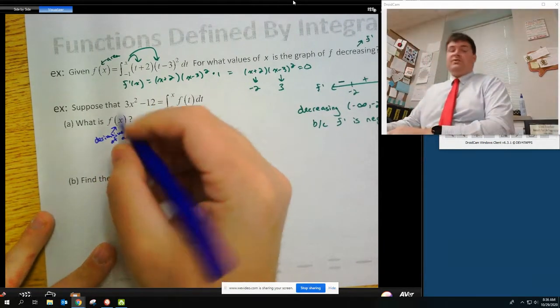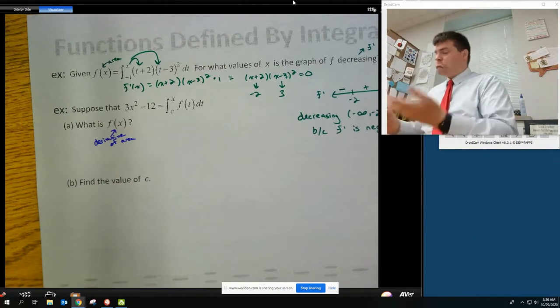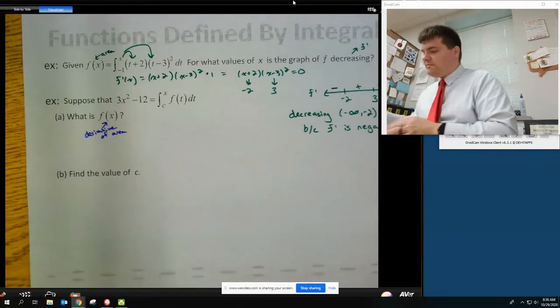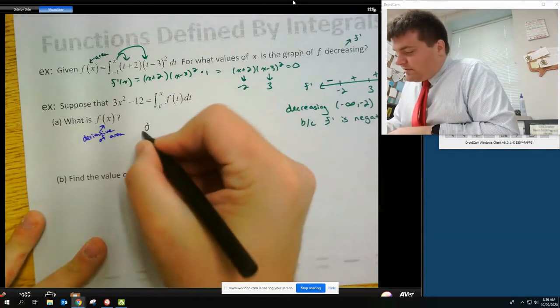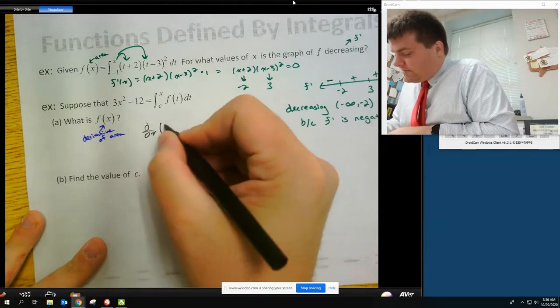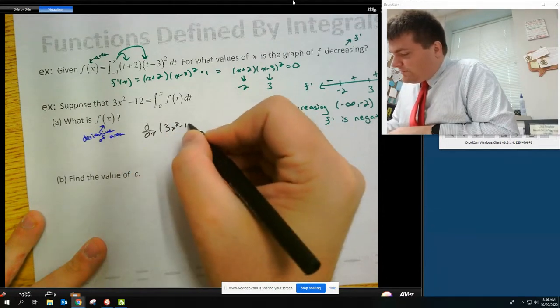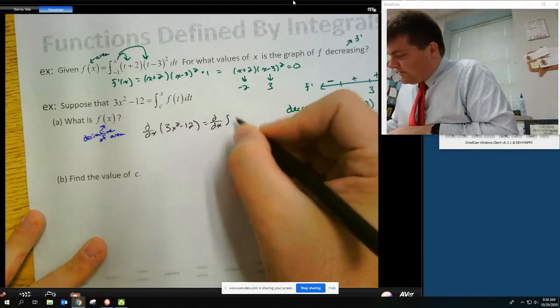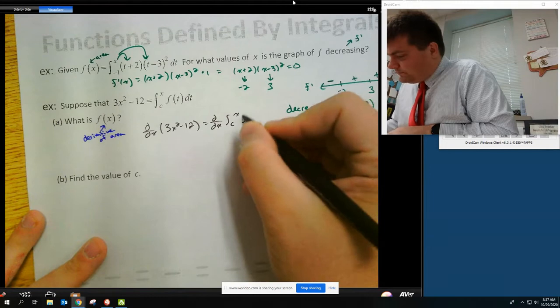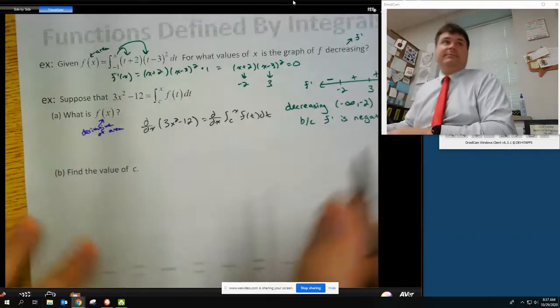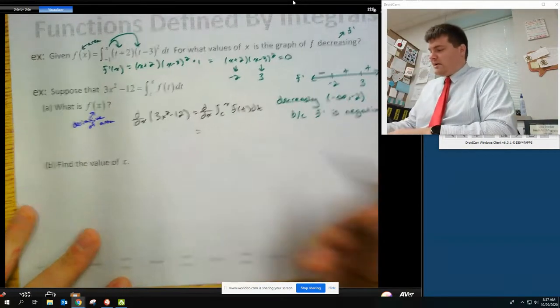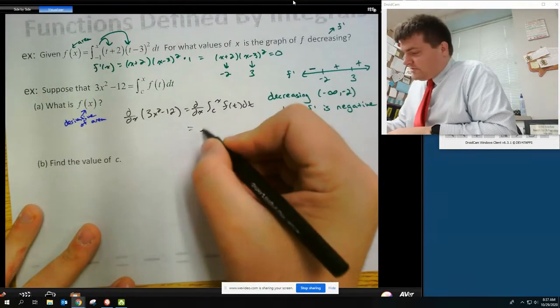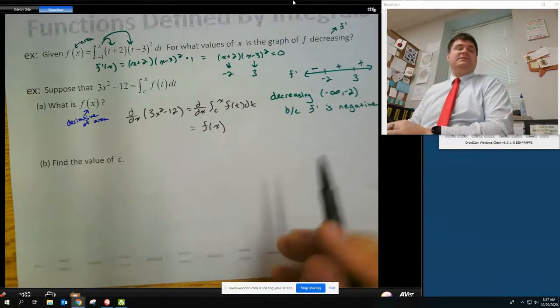So since this is the derivative, I'm going to find the derivative of 3x squared minus 12, which is going to be the derivative of this over here. So just doing the right side real quick, this is f of x. That's all it is.